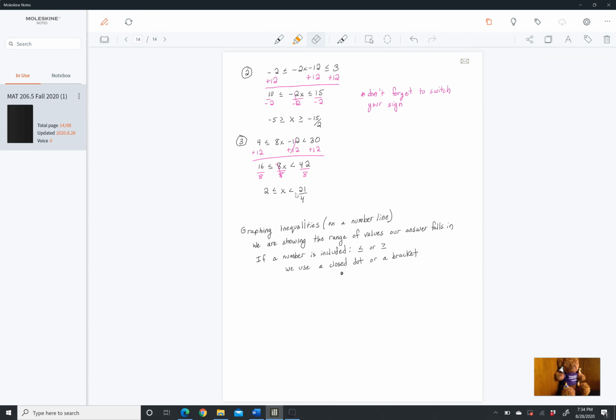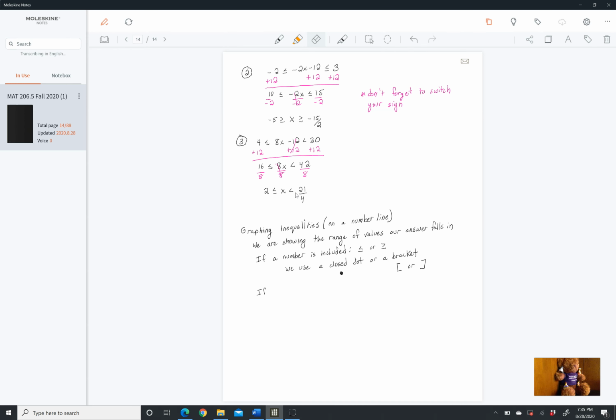So a closed dot would just be a filled in dot. A bracket would look like this, or like this, depending on where we are in the range. So we'll do an example like that, where you see both.